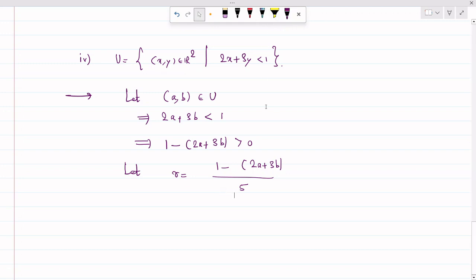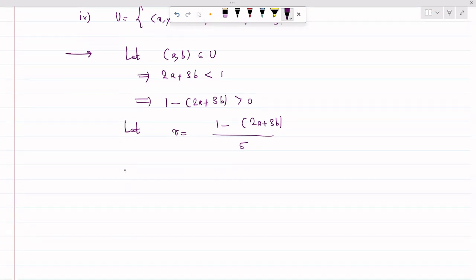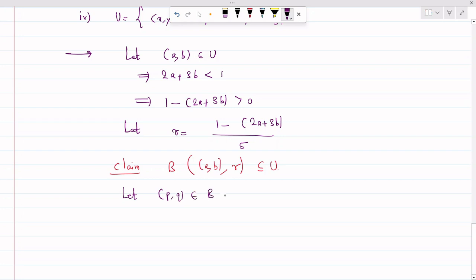Okay, now let's try to set a claim. So we'll set a claim that the open ball around point (a, b) of this radius r is again contained in U, right? That's our claim. So for that, let's choose one point from this open ball. So let (p, q) belong to the open ball around (a, b) of radius r.